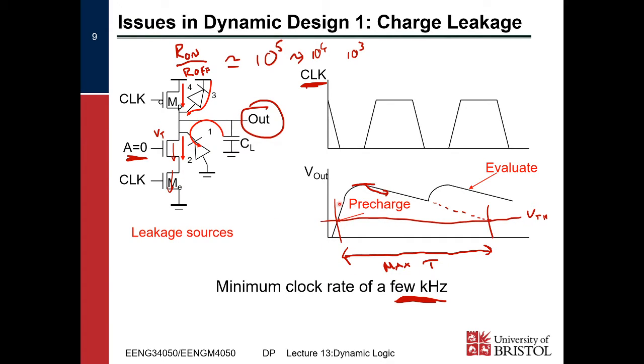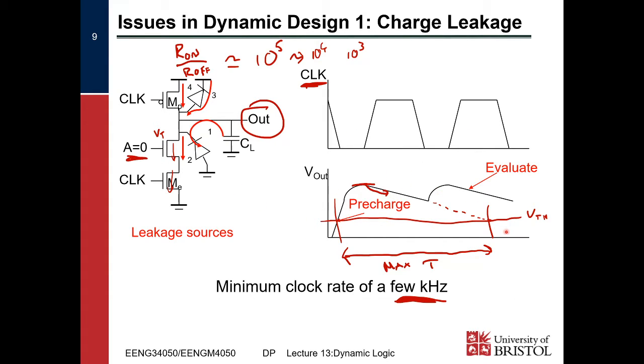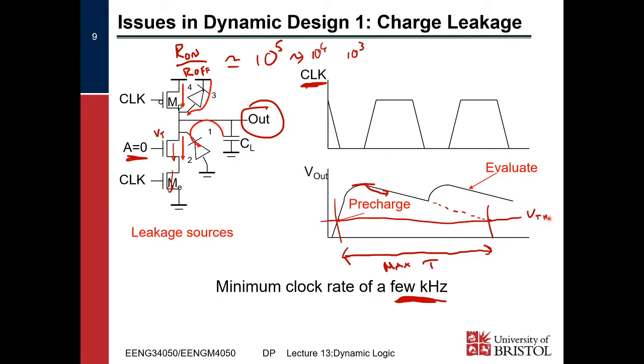And so what we saw is that there is a maximum time period between pre-charge phases based on that leakage current and the amount of charge that can be stored in this capacitor. And because there is a maximum time between pre-charge phases, there is a minimum clock rate. Right, and then the point to which it can discharge is defined by the margin point, which is VTN, the threshold of an NMOS transistor, presuming that the output is connected to a set of dynamic logic as well.